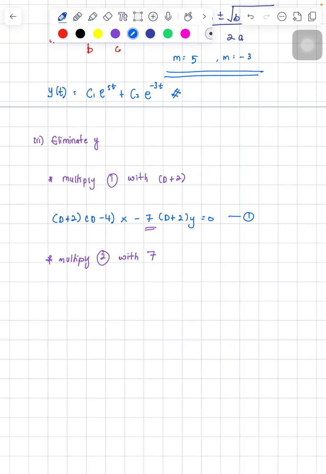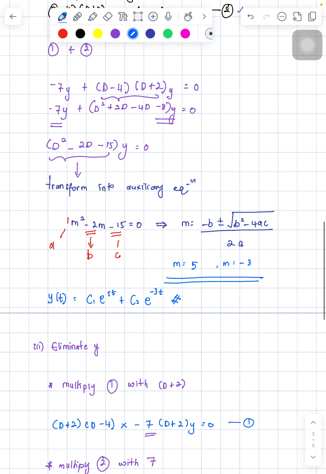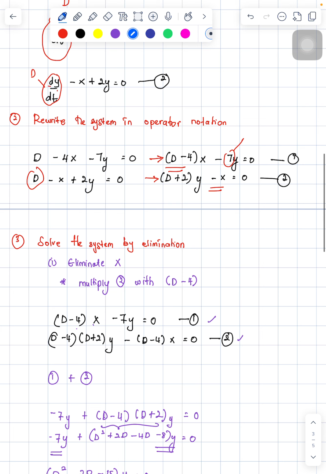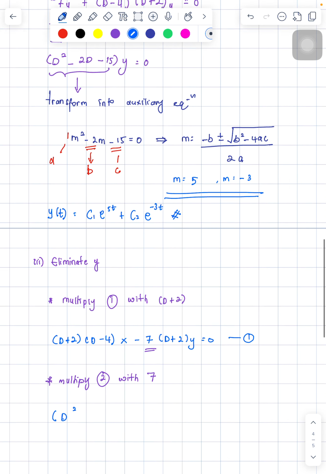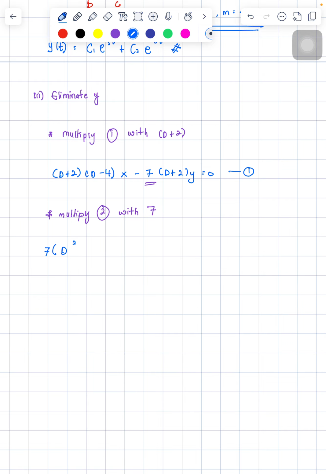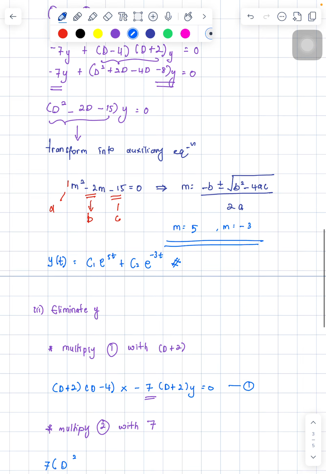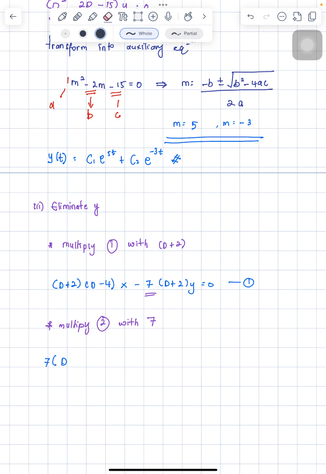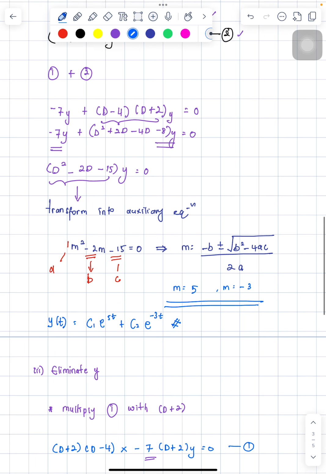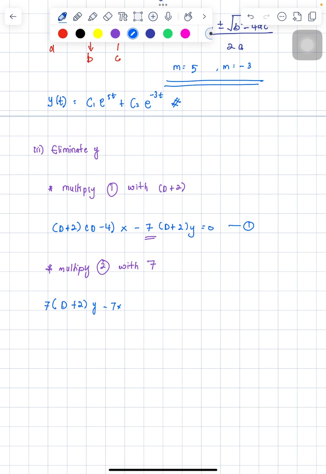So it's become 7 d plus 2 y minus 7x, 7d plus 2y minus 7x equals to 0.